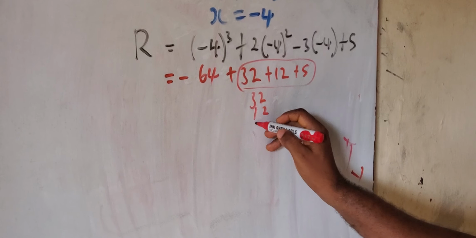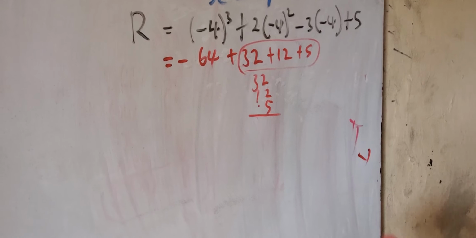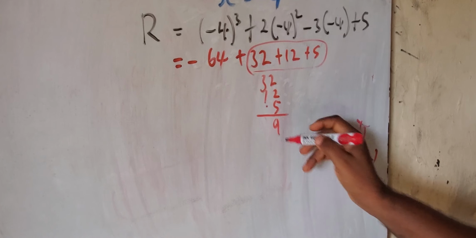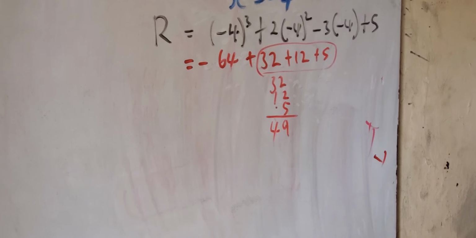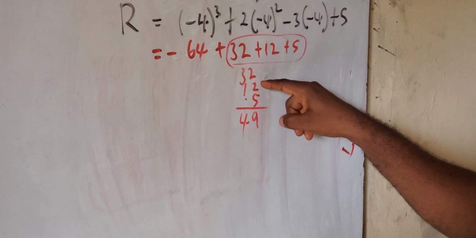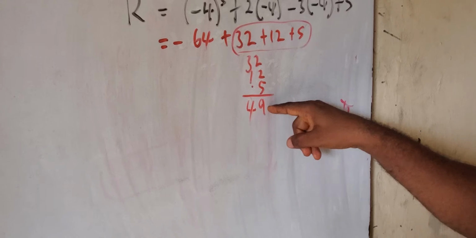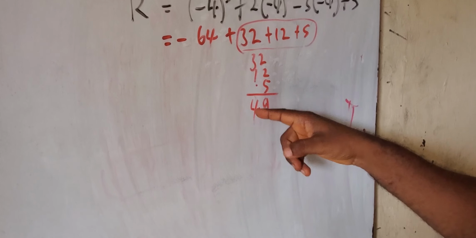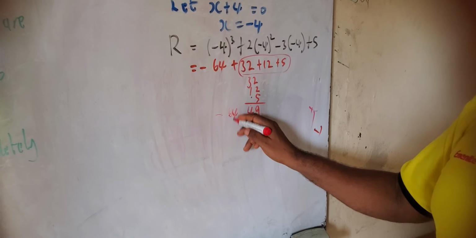32 plus 12 plus 5. Sorry, this is 12. 2 plus 2, 4. 4 plus 5, 9. Then we have 3 plus 1, that's 49. So then we have minus 64.